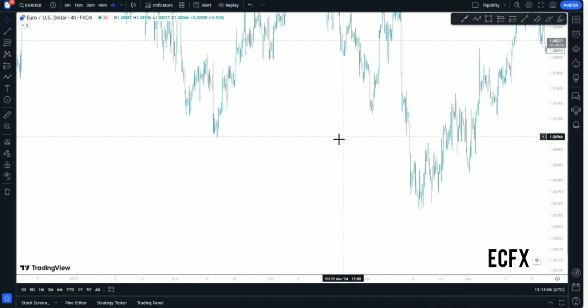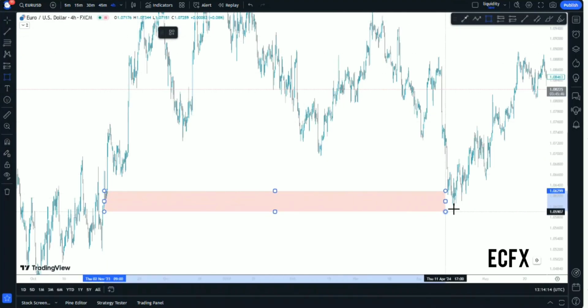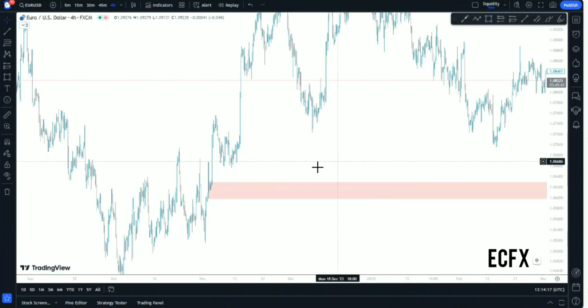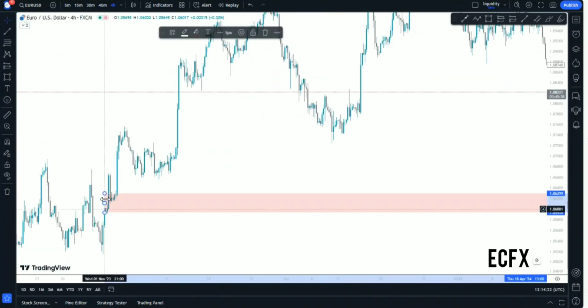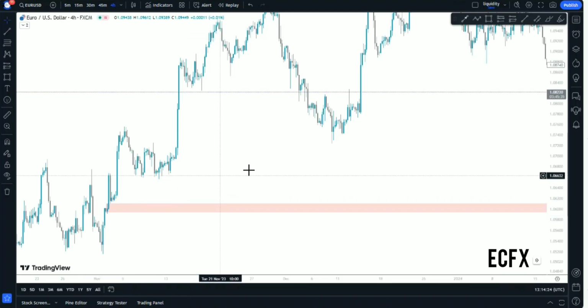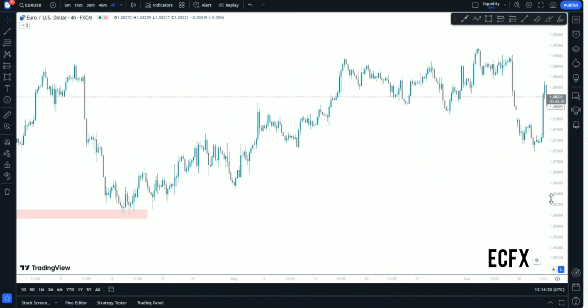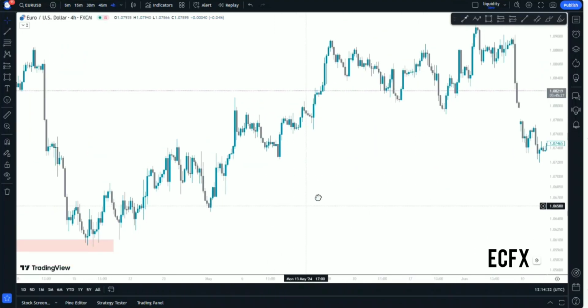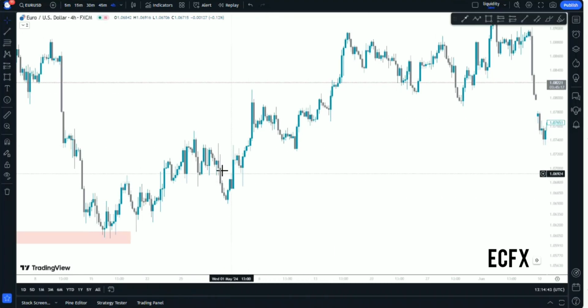Somewhere over here is where price tapped into a level and respected that level, causing a new trend, or a new momentum inside the market. From somewhere around here, price has reversed to the upside and started moving in a bullish momentum.